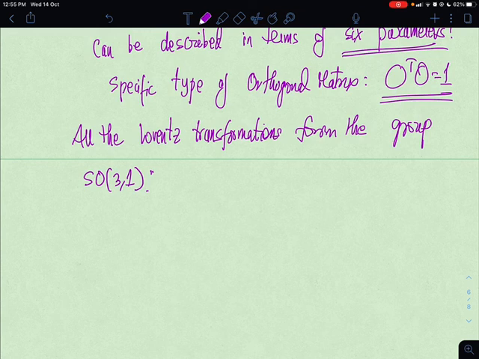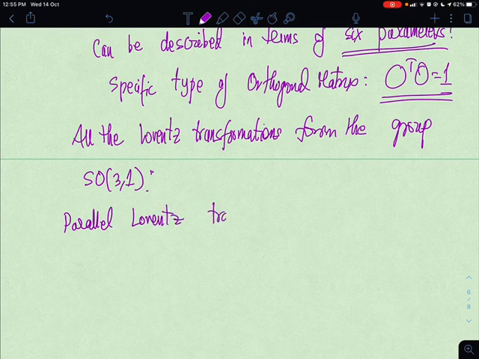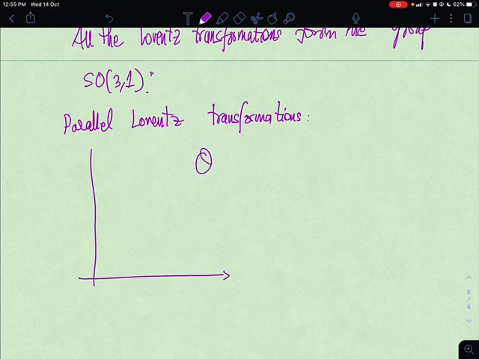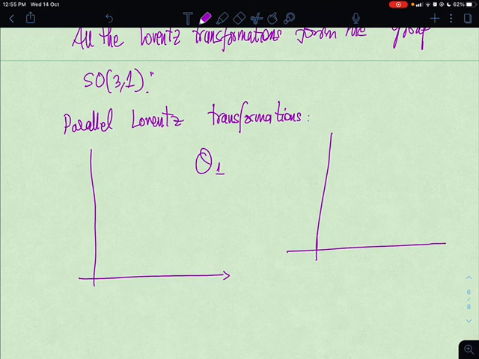So if we have parallel Lorentz transformations, you have a reference frame O1 and another reference frame O2 which is moving parallelly with a velocity v, very close to c.